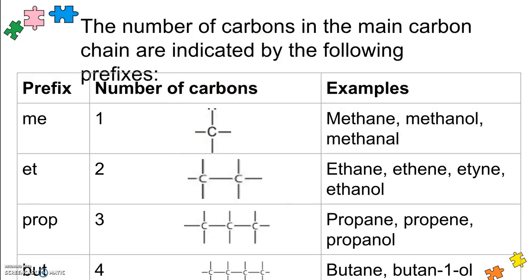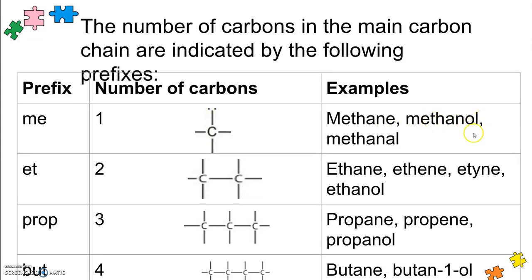Now, what do I mean by that? Let's look at it this way. If in my carbon chain I only have one carbon, then I'm going to use the prefix meth. What does that mean? An organic compound with one carbon can be something like methane, methanol, methanal. You know by now that methane must be an alkane that only contains single bonds.